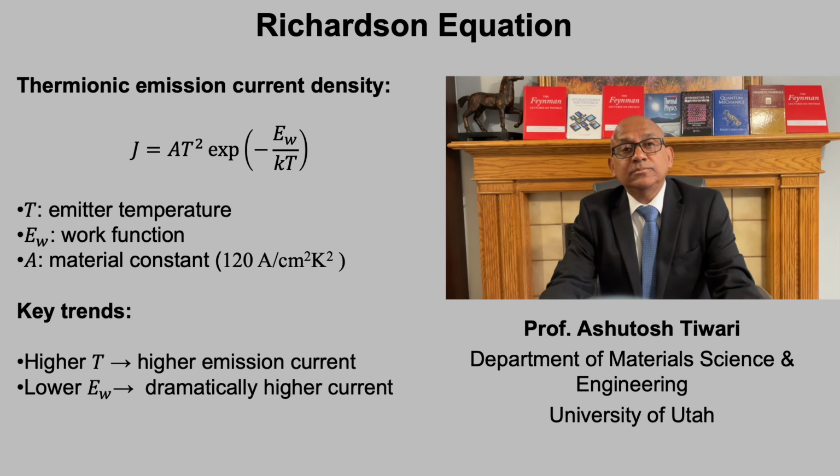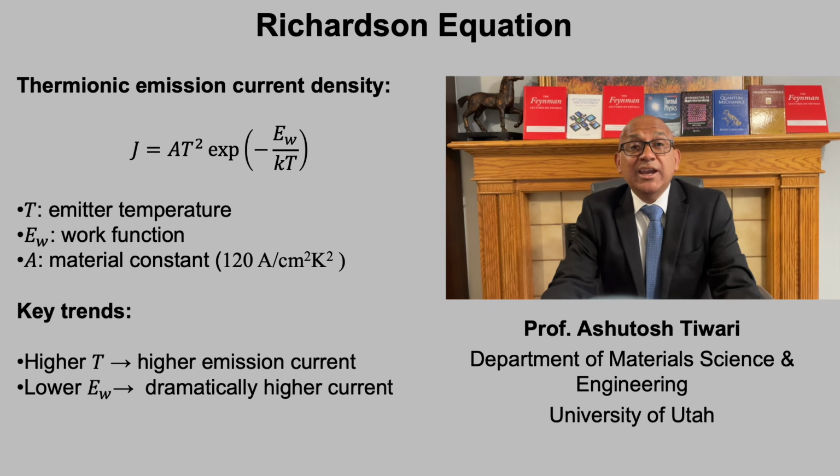The behavior of thermionic emission can be summarized by the Richardson equation. The equation highlights two important dependencies. First, the emission current density increases with temperature. As the emitter is heated, more electrons acquire sufficient energy to escape the surface, leading to a higher beam current.